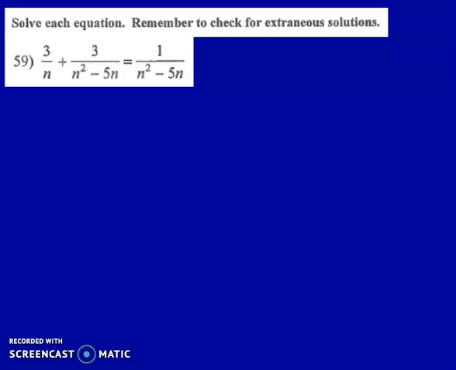So we're going to try to eliminate the fractions, and the way we're going to do it is we're going to find the least common denominator, the LCD. And in order to do that, again, we're going to factor first to look for the factors that make up the denominators.